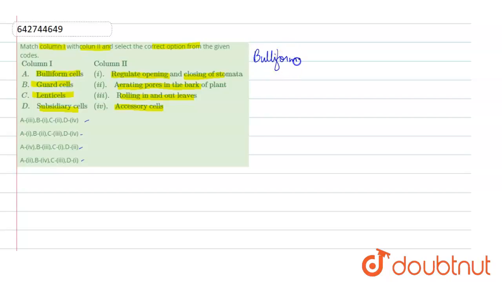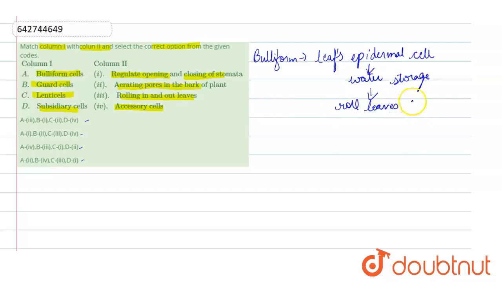Now, starting with what are the bulliform cells? Bulliform cells are the cells spread among the leaves, epidermal cells. They are essential for water storage. During stress circumstances, that is during transpiration, the bulliform cells assist to roll the leaves to avoid water loss.